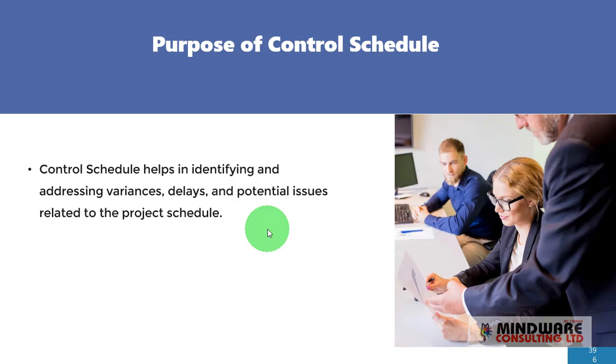You want to be able to identify and address those variances in real time, and also avoid delays and any potential issues that will arise from your project schedule. This will also help you prevent scope creep when you're executing your project, so it needs to be taken very seriously as project managers.